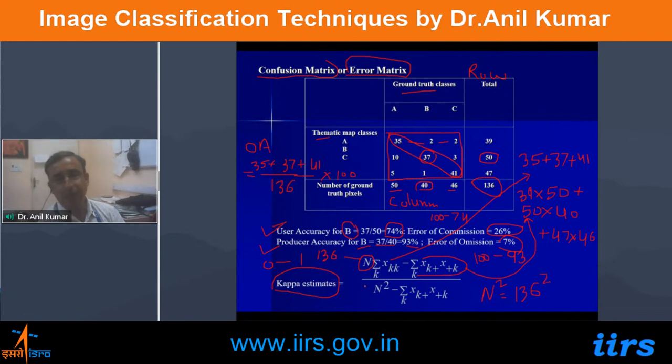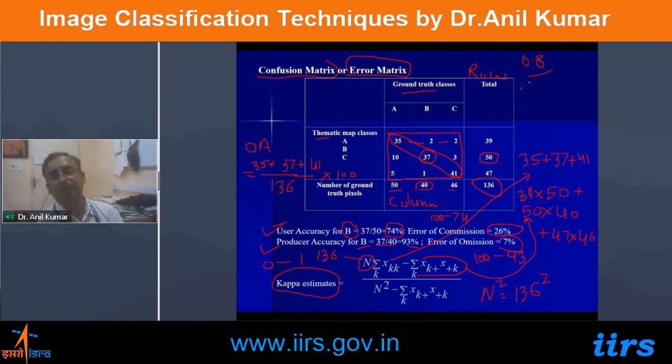So now if you put all these values, you will get the kappa coefficient, and this will come between 0 to 1. This is not displayed in percentage, but is a small value from 0 to 1. If it is around 0.8 or more than 0.8, it is very good.